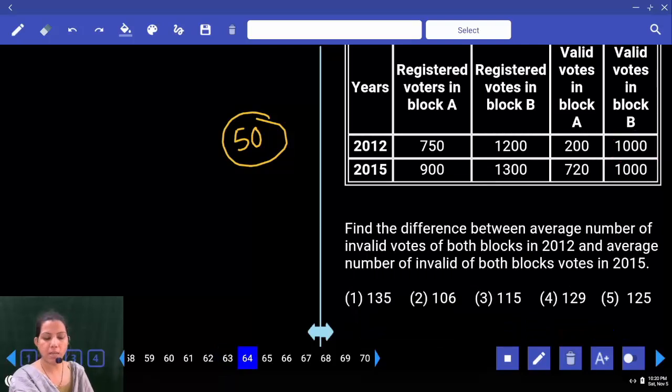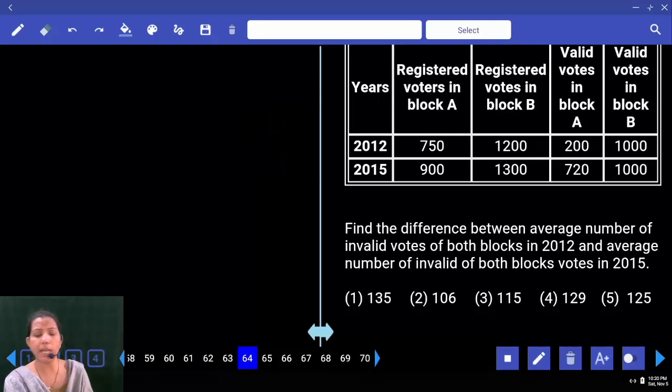Next question number 64. Find the difference between the average number of invalid votes of both the blocks in 2012 and the average number of invalid votes of both the blocks together in 2015.